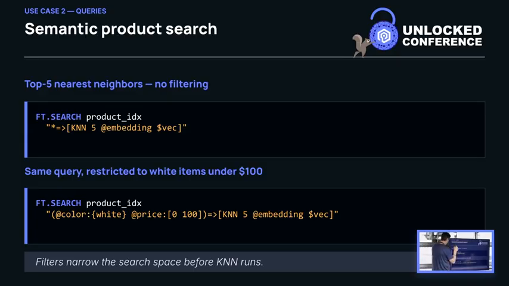If you examine the query syntax, it's a little bit different than what we have seen earlier. It's comprised of two sections. The left part, which is a star, specifies a filter of the data set that the vector search would operate on.